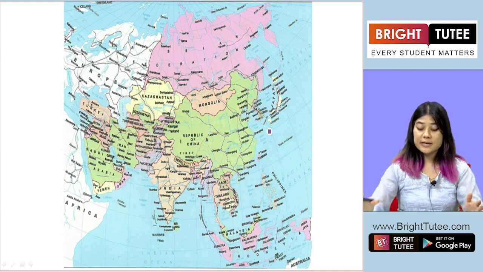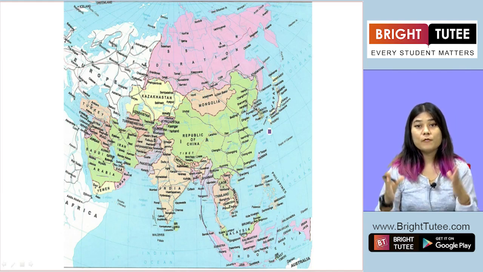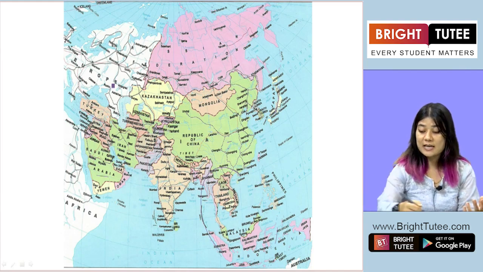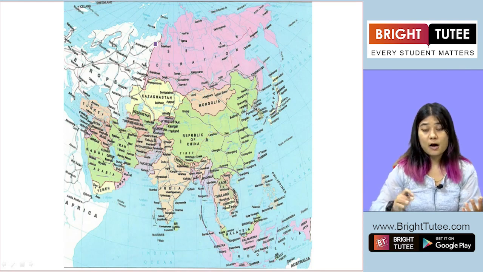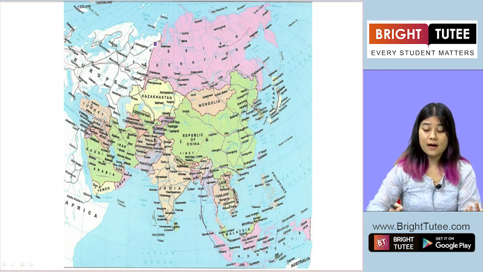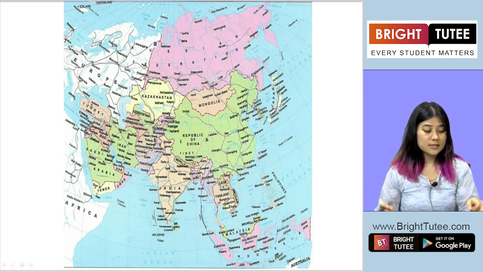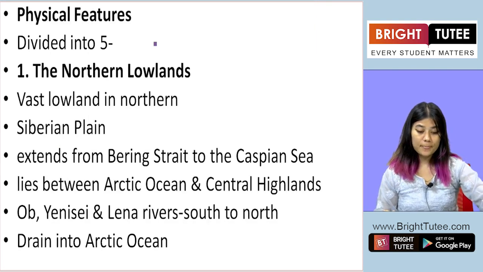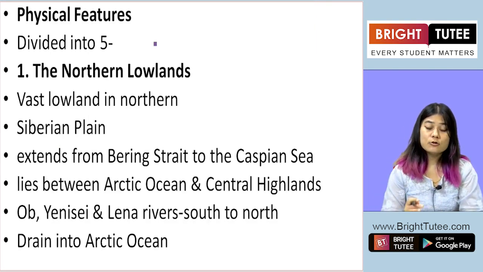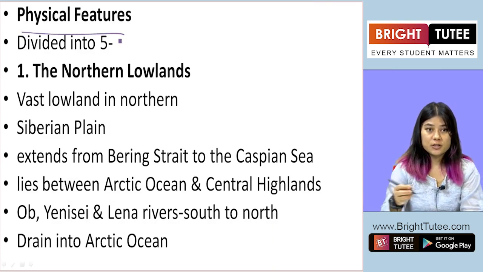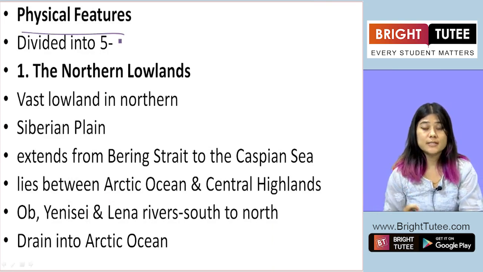So this gives a clear picture of the continent of Asia. You can see how the continent covers almost half of the total area on Earth's surface.